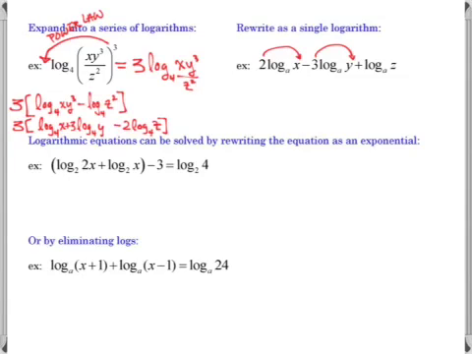Alright, for the next one, I'm looking at going the other way around. I want to rewrite it as a single logarithm. So anytime I have a multiplication of a number or an expression in front of a logarithm, I can bring it up to the power. So you can see here I have this 2, and it'll come up and be my power. 3 comes up and be my power there. So I rewrite it like that.